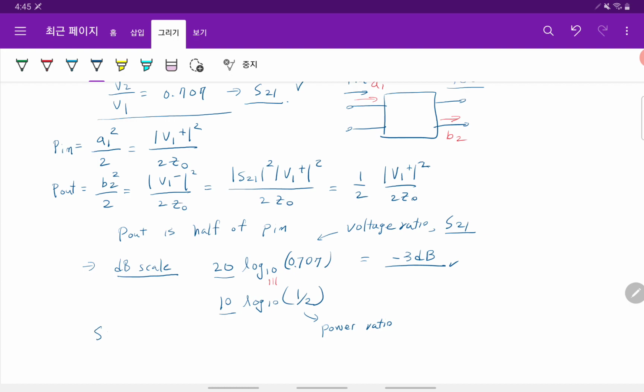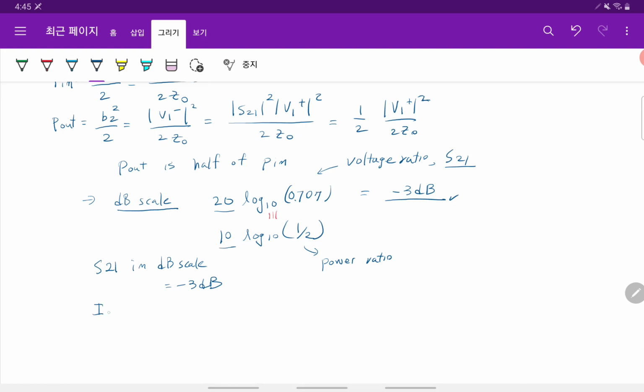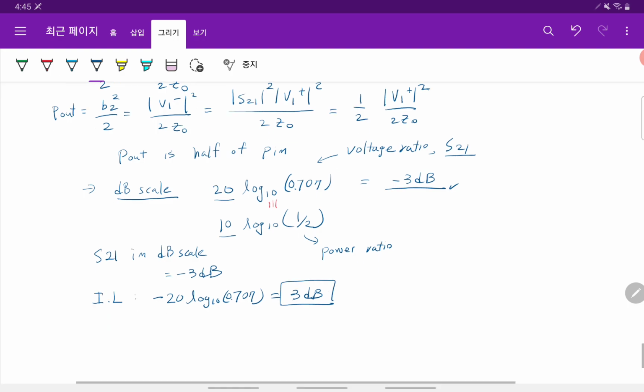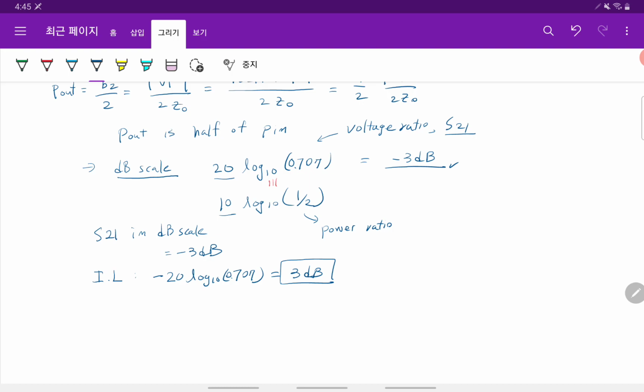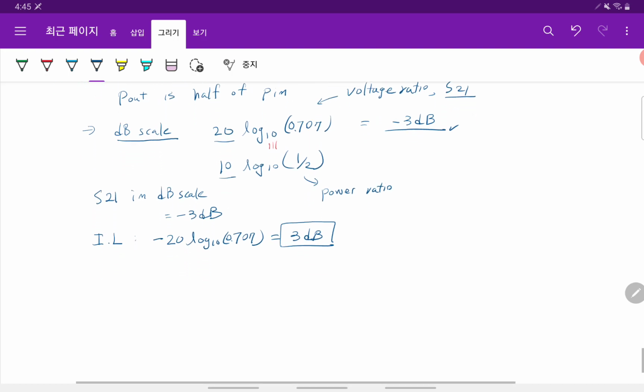So S21 in dB scale is minus 3 dB, and then you know the insertion loss, right? Because we put a minus here, it's 3 dB. So insertion loss is plus 3 dB. So either way is okay, same meaning.